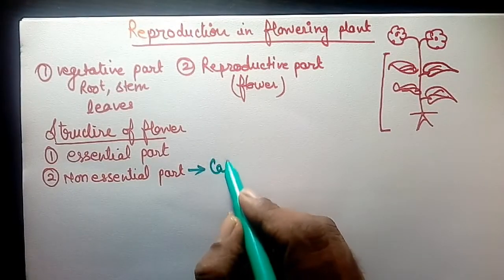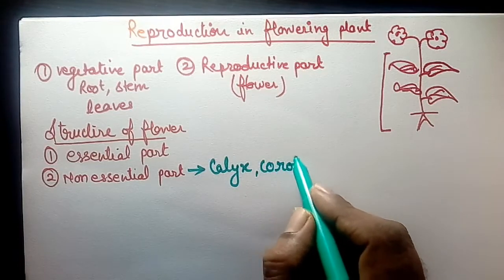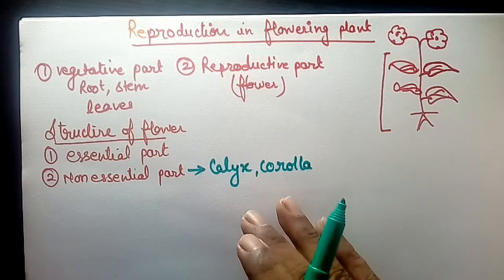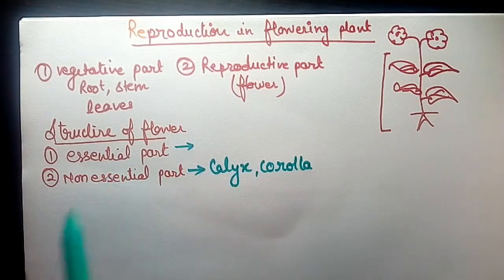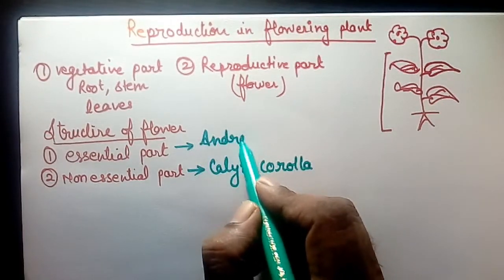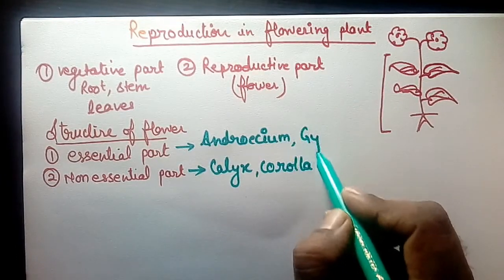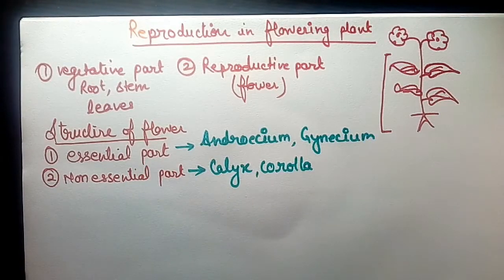Like this: calyx and corolla. These two parts are not directly involved in the reproduction process, so that's why they are called the non-essential part. These two parts are directly involved in the reproduction process, that's why they are called the essential part.